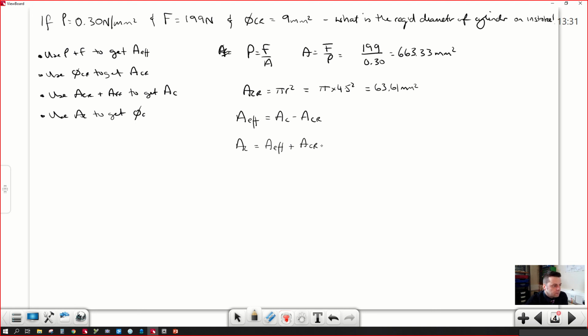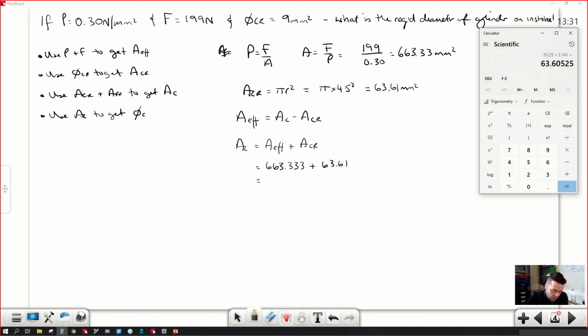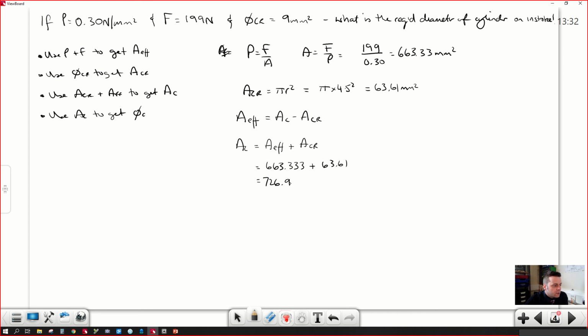Plugging in our numbers, 663.33 plus 63.61 equals 726.94 millimeters squared. So that gives us the area of the cylinder, but that's not what we're asked for.